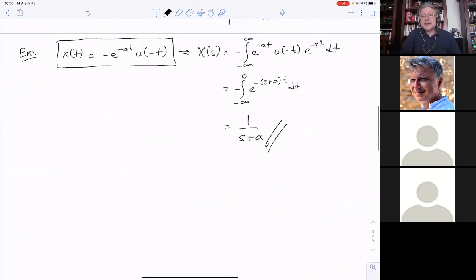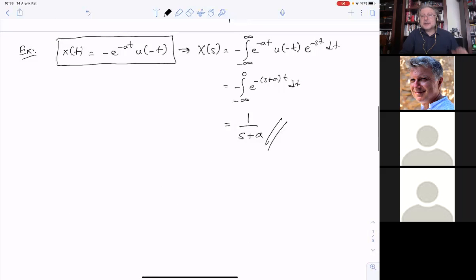That is what we need to resolve. And the only way to resolve this concern is by indicating the region of convergence.